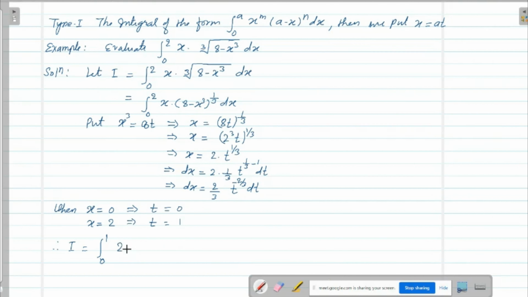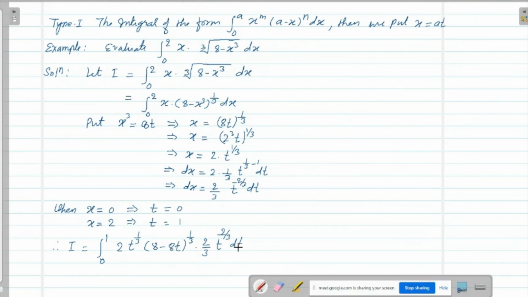Now dx is 2 by 3 t raised to minus 2 by 3 and dt. Now just simplify this.